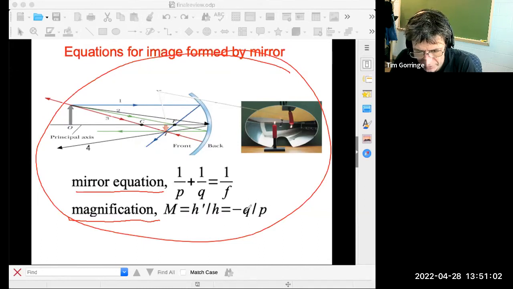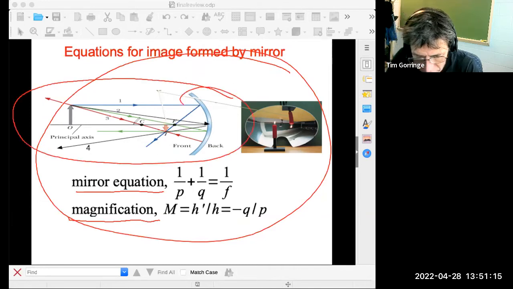That's again the P and the Q here. And so these are the equations that describe images formed by mirrors. I'm not going to go through the details of this here. We also learned in class how to sketch the formation of images by mirrors, and we would do ray tracing to find the images formed by mirrors.